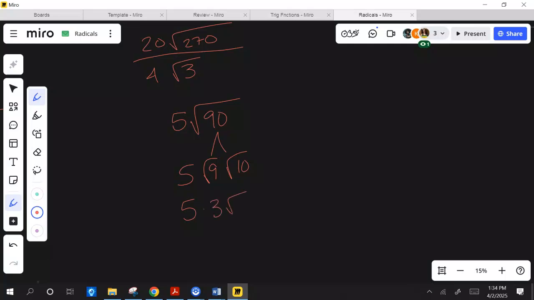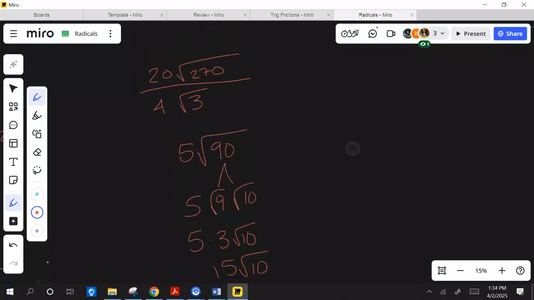Did you multiply by square root of 3 in the beginning? Yes, that is fine. I divide 270 divided by 3 is 90. 20 divided, yep. Because it's in a fraction.